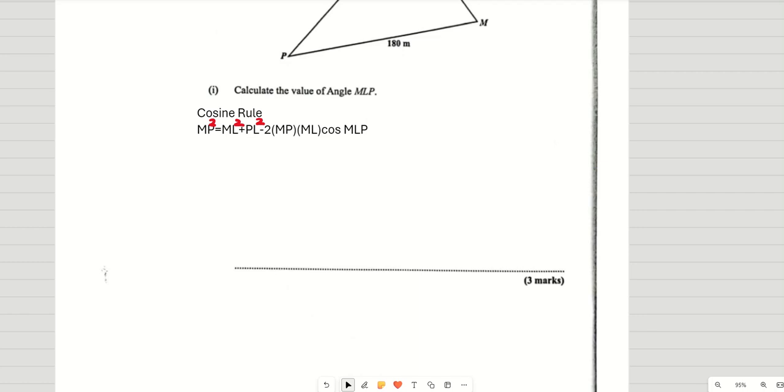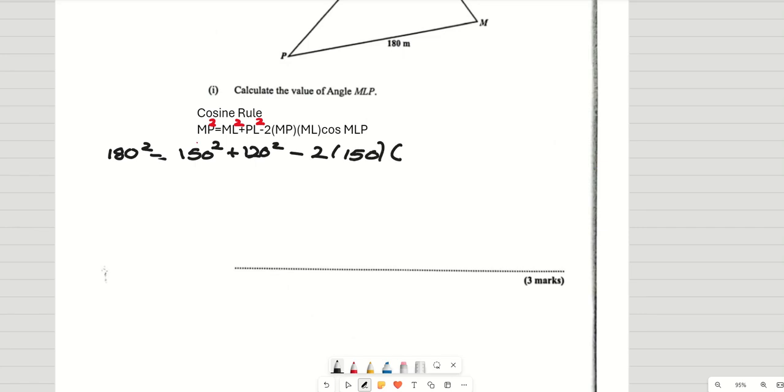So we're going to put our values in. 180 squared is equal to 150 squared plus 120 squared minus 2 times 150 times 120 cos MLP.